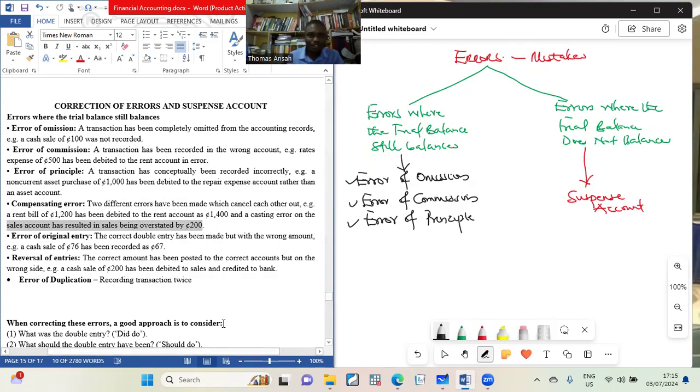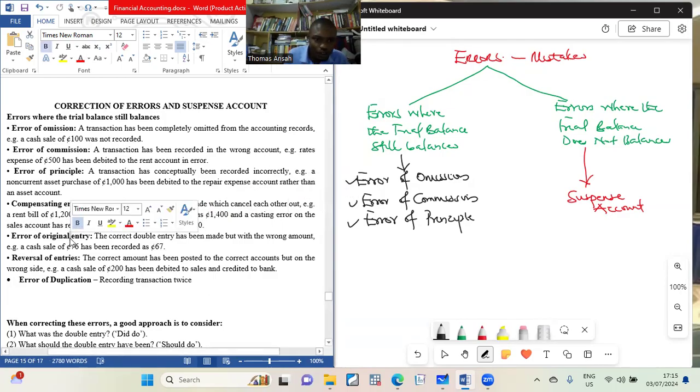But in sum, the trial balance will still balance, because the debit side has been overstated by 200 and the credit side has also been overstated by 200. The expense must be 1,002, but they recorded 1,004, so the debit side will be over. But sales too has been overstated by 200, so the credit side is also going to go up by 200. So they compensate themselves, still making the trial balance balance. All right, so that is that.